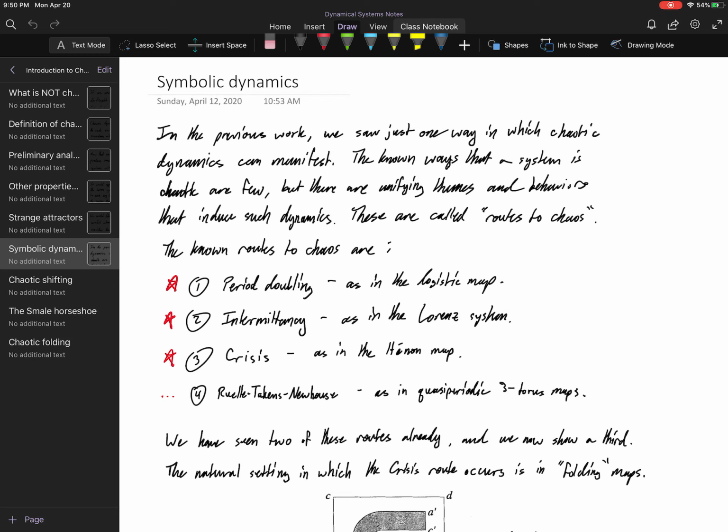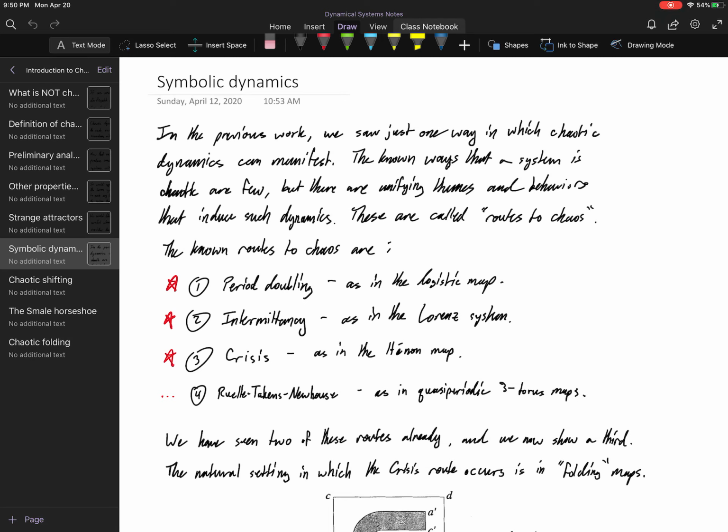So what we would like to do is find a way to ease that analysis, to make it clearer when systems show chaotic dynamics, and specifically on certain subsets, much like the Lorenz system on the Lorenz butterfly.